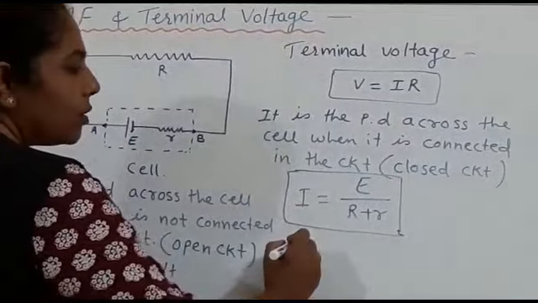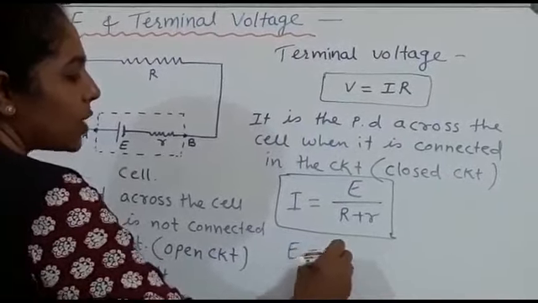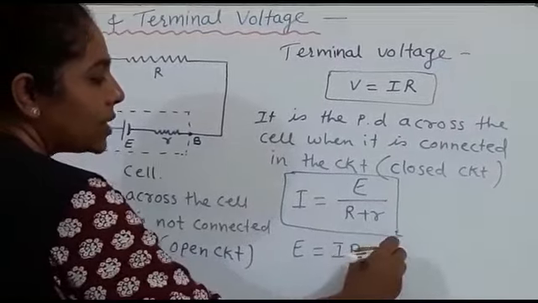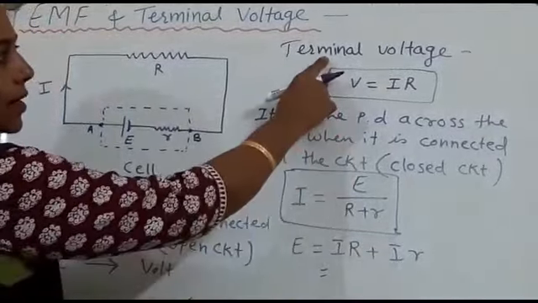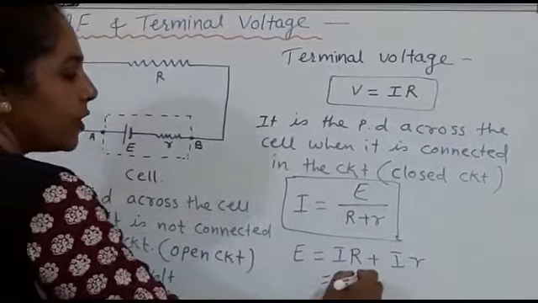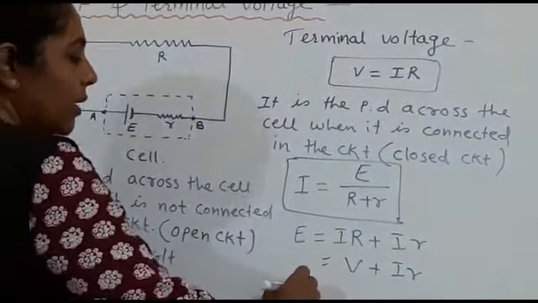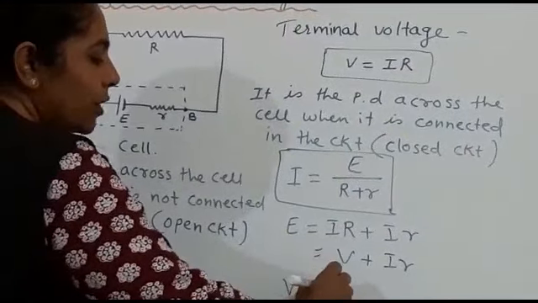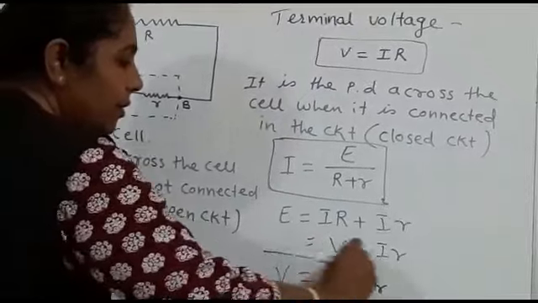Okay, now if I rearrange this, E is equal to IR plus I into small r. What is IR? It is the terminal voltage. So it is V plus Ir. So you can write terminal voltage V is equal to E minus Ir.